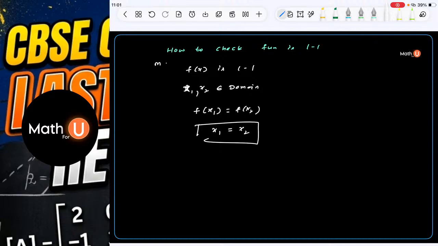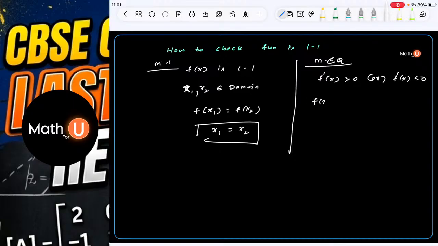This is method one. In MCQs, they ask you to check whether the function is one-one or not. Just simply find the derivative of that function. If the derivative f dash of x is greater than 0 or less than 0, then f of x is a one-one function.